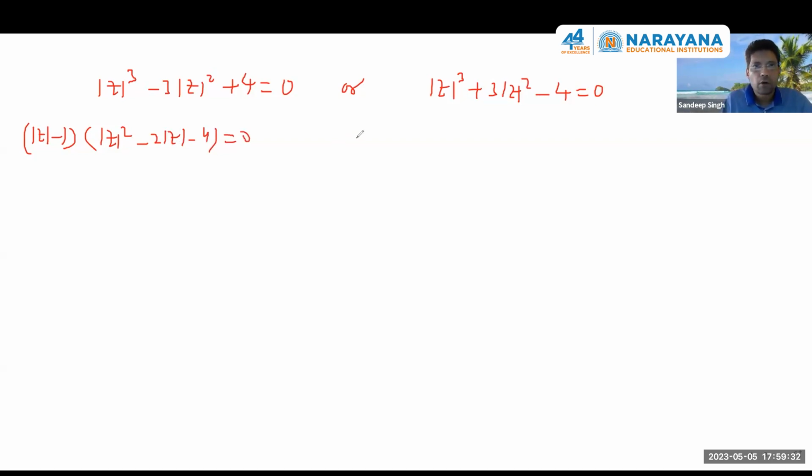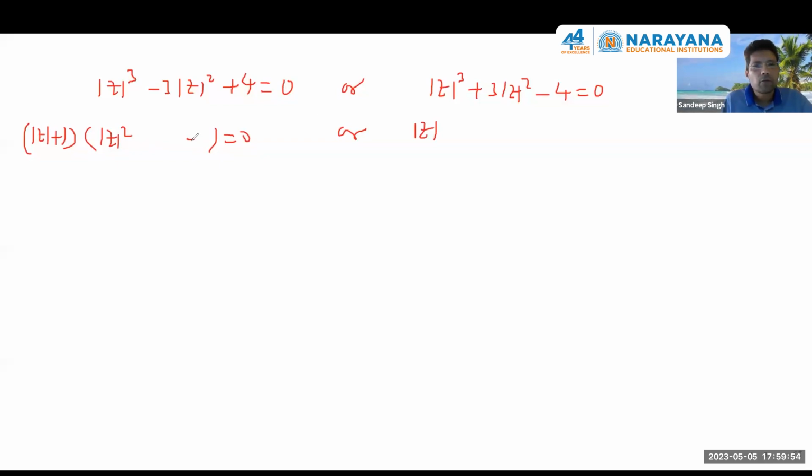यस. और इसमें क्या आ जाएगा? इसका रूट +1 हो जाएगा. What is the root of this? Mod z cube. I think -1 was the root. So +1 was the factor. So I should factorize this.